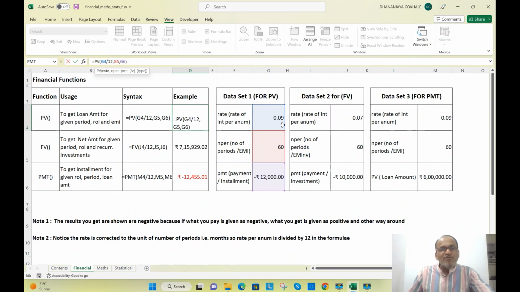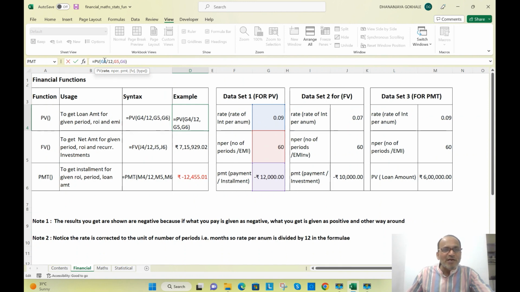But if we are paying the installments at periods of 1 month, it is called NPER. NPER is number of periods. So if number of periods are in months, then you must find out the interest also per month, and the given rate of interest is 9%.